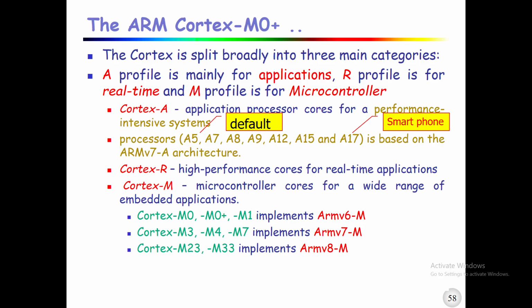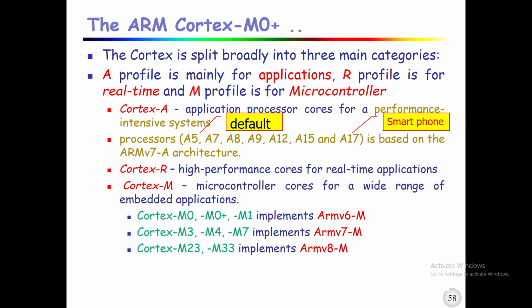When we look at the ARM Cortex, it is split broadly into three main categories, each of them a profile. A is a profile mainly for applications, R is for real time, and M is for microcontrollers. Cortex A stands for applications.